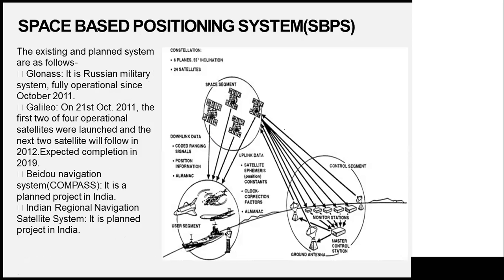It is shown diagrammatically here. You can see in this image the satellite is there in space, and the receiver points are there on the ground, antenna is there, master control station is there, and through these points you can see the signals are sent to the satellite, and after that they calculate the latitudes and longitudes for those points.